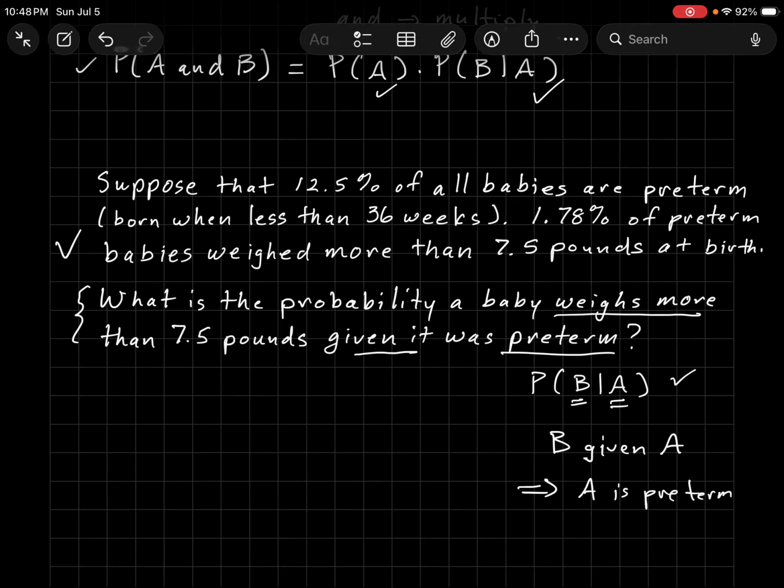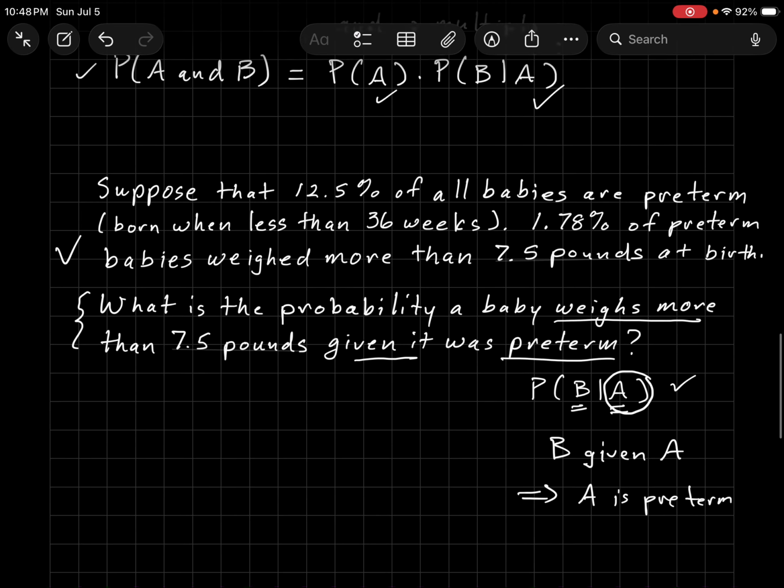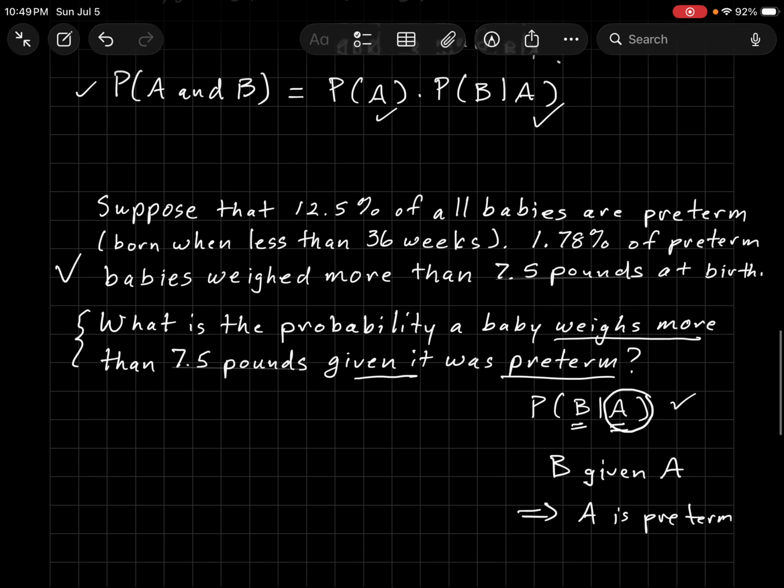Pretty clearly, I'm telling you that the given is the preterm, and since in my notation it's back here, A is the preterm. Which means what? It means that B must be weighs more than 7.5 pounds, right?